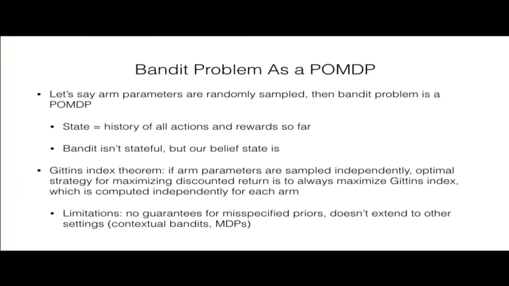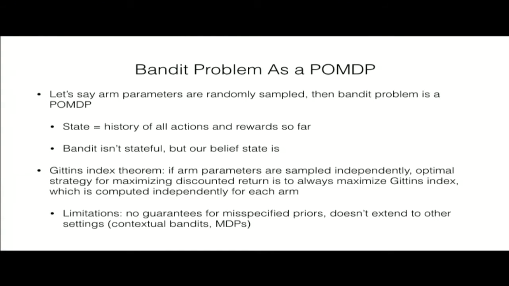So now you want to figure out what's the optimal sequence of actions to take. And you can actually view this problem as a POMDP. Note that in the bandit problem, you have an environment that isn't stateful, meaning if you take an action at time t, the result doesn't depend on what you did at time t minus 1.